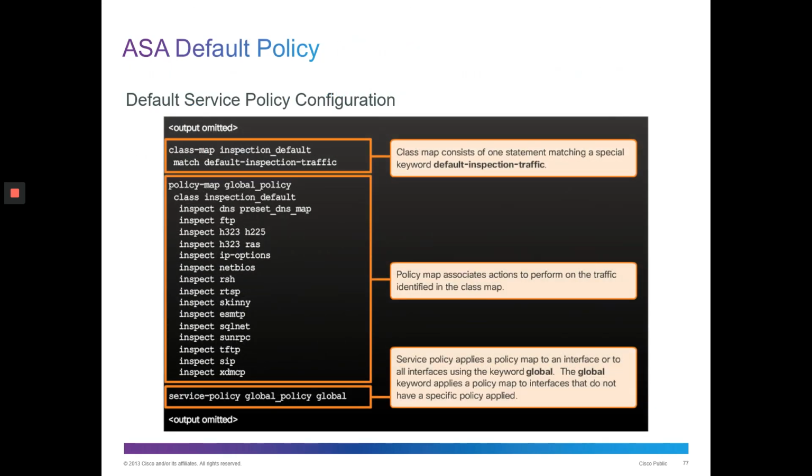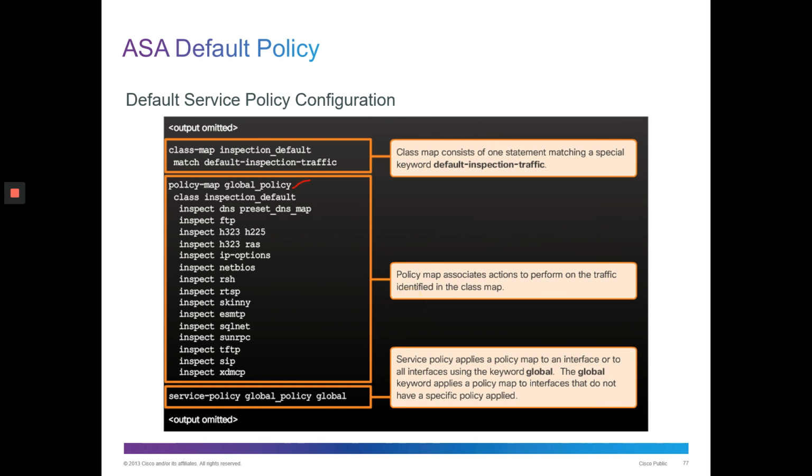And moving on, you have something called a default service policy configuration as well. If you do not do all this, if you don't specify the map and you don't specify the inspection, by default there are some policy rules automatically configured on your ASA firewall. These are the ones, for example, policy map global policy.